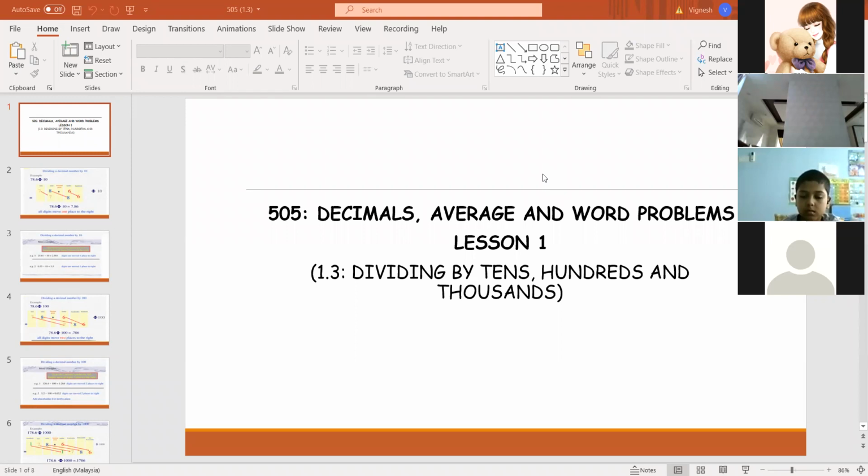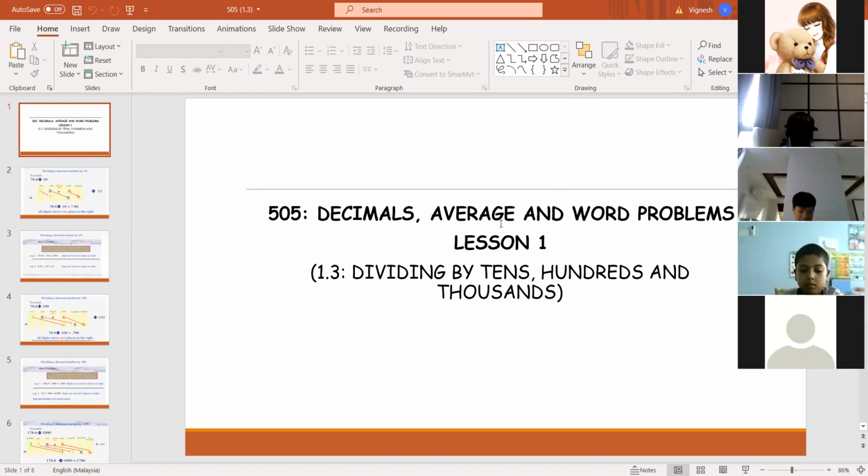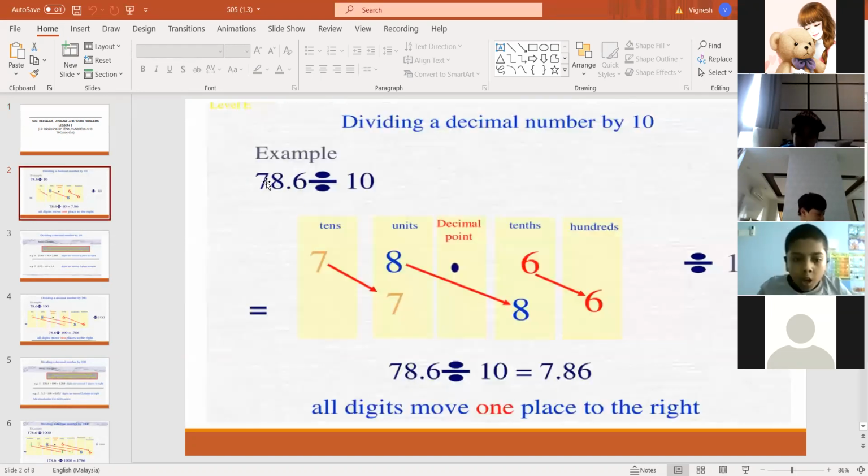Move places to our left. Yes, you have to move the decimal places to the left. Okay, it's the same.